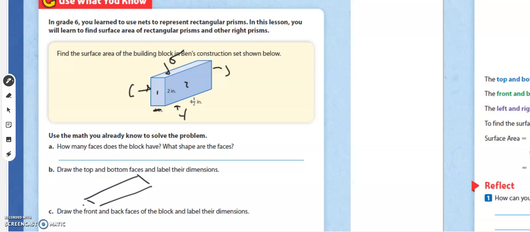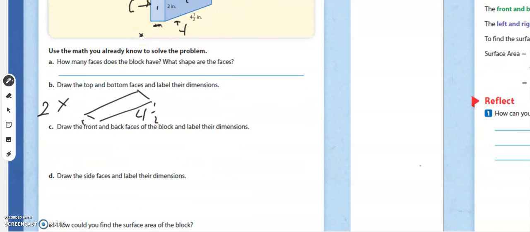The length there is the same on the top and the bottom, so that's going to be 4.5 inches. That's 1 inch right there. And there are 2 of them, so I'm just going to say 2 times those.